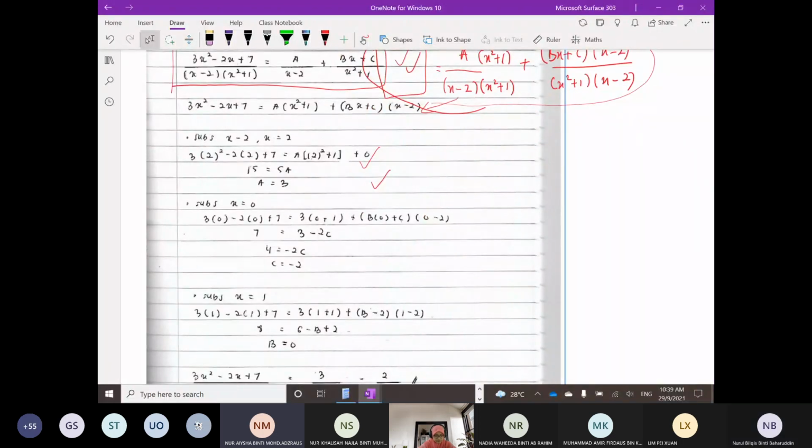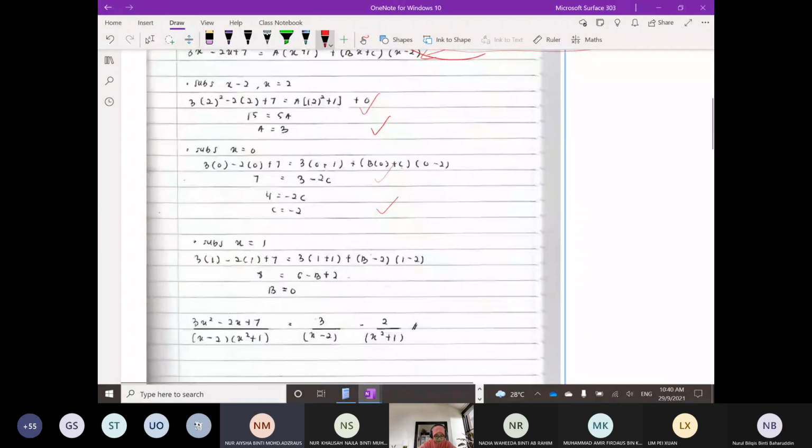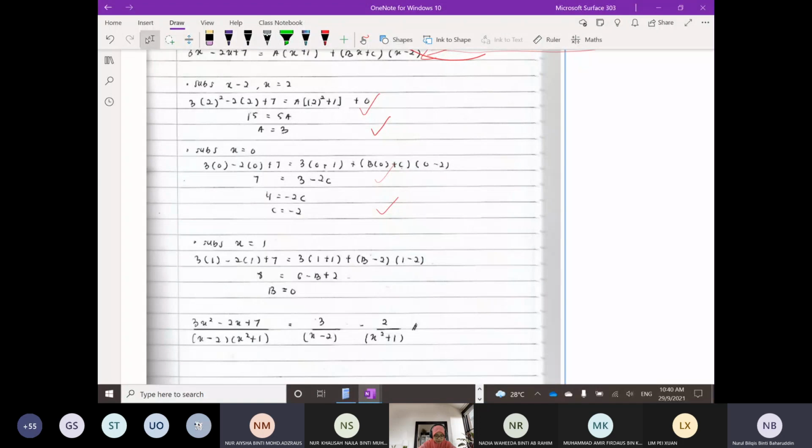Then substitute x equals to 0 dan dapat C equals to negative 2. Then next saya substitute x equals to 1. Dan gantikan yang C tu dengan negative 2. Dan dapat B equal to 0.